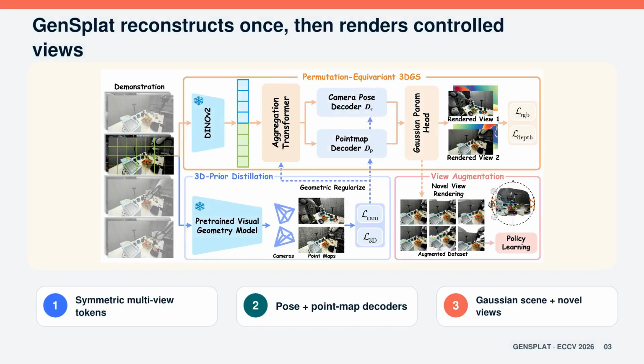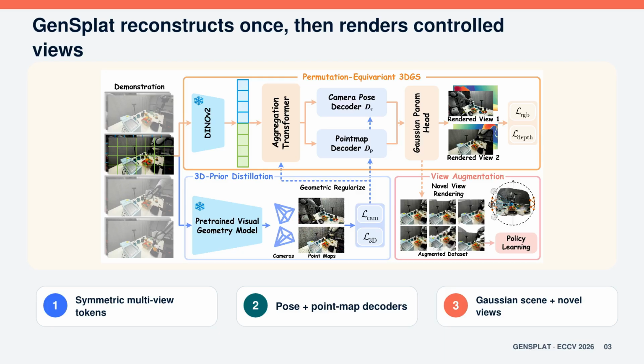Each image is encoded into DINOv2 patch tokens. Alternating frame-wise and global self-attention then aggregates the views symmetrically, so the result does not depend on which camera was selected as a reference or on the order of the inputs.